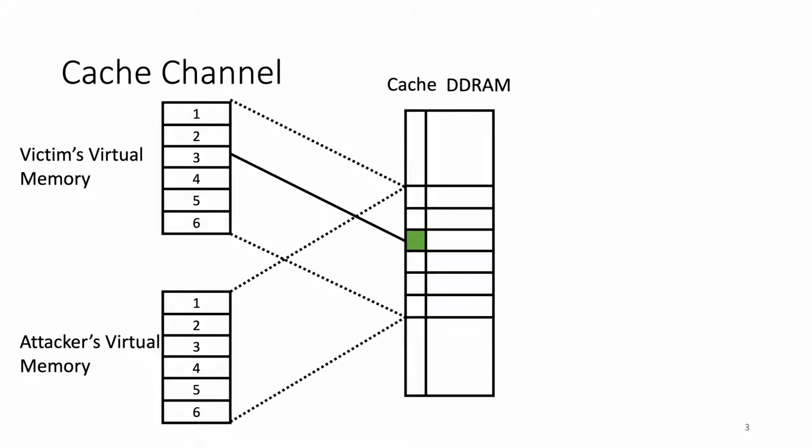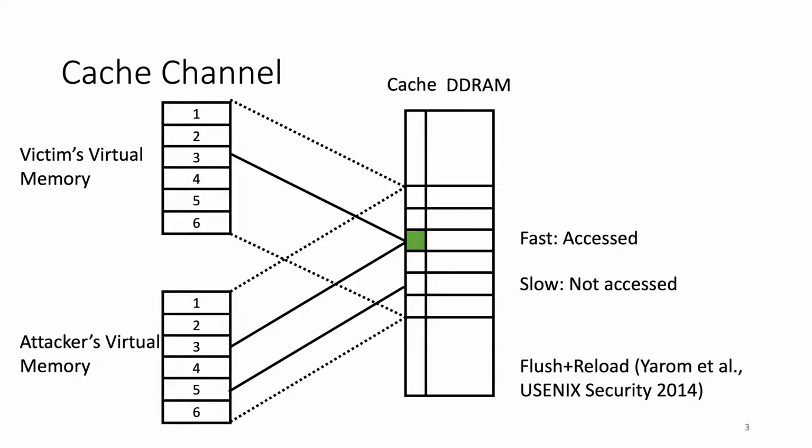Next, when an attacker program accesses the data at virtual address 3, because the cache has the data, there is no need to read data from the main memory again, so the access time is fast. However, if an attacker accesses the data at virtual address 5, then the access time is slow because the data is not in the cache. So by measuring the timing to access the data at different addresses, an attacker can infer an address that the victim just accessed.